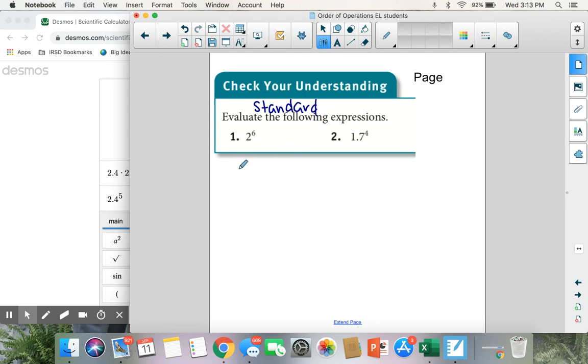So you need to know what 2 to the power of 6 is in standard form. Go ahead and try these two problems. If you finish early, go on to 3 and 4. But oh wait, don't go on to 3 and 4 because they're different types. Don't do that. Just do 1 and 2 and then check your answers back here.